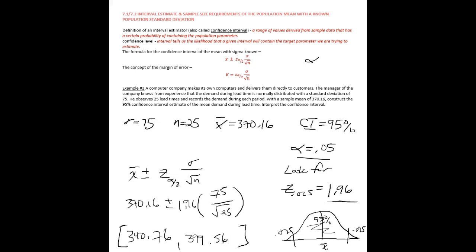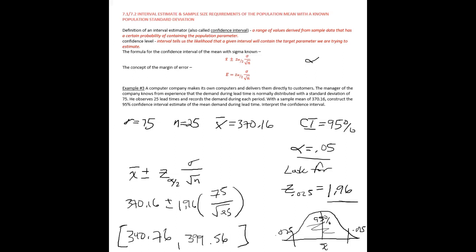Well, how sure can we be? Well, we can't be sure at all on a sample mean. But what we can do is take a confidence interval. When we take the confidence interval, we establish an interval where we have 95 or whatever it is, but in this case, 95% confidence. So we're 95% sure that mu is between 340.76 and 399.56.